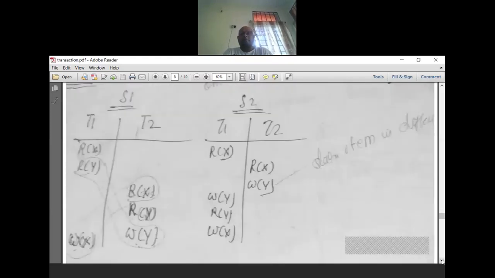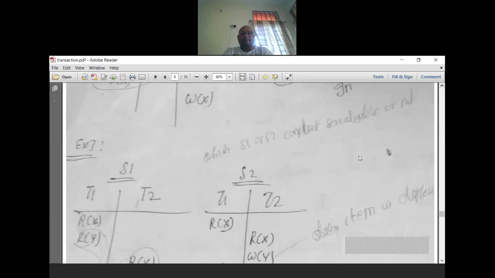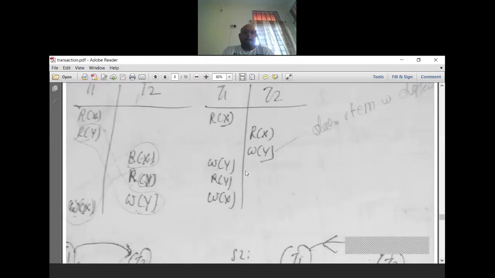In a similar fashion, now the next example. Does read X conflict with read X? Never, because one of the operations should be a write operation.